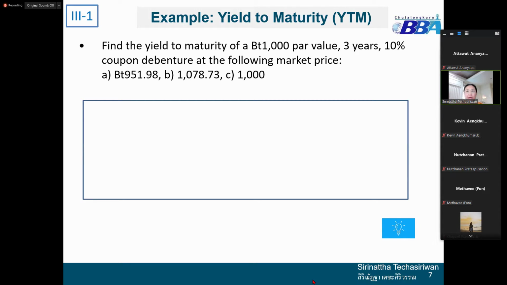Like in the example that I just discussed with you, the company issued debenture 5 years ago, but 3 years later, right, the cost of debt fell from 6% to 4%. So it means time to maturity is these 2 years. So that's the remaining time until maturity.